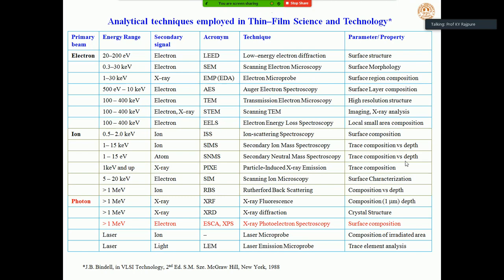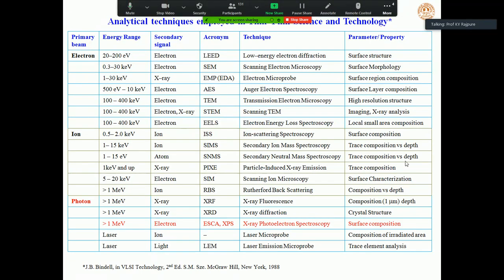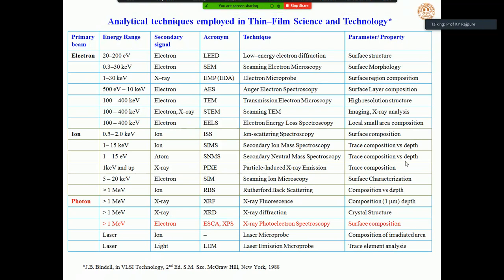So depending on the energy of the electron, ion or photon beam, the interaction with the material of the thin film gives a secondary signal. And that signal can be in terms of electrons, X-rays or photons, ions or some other form of signal. So depending on what we use to illuminate and what we get as a secondary signal, the techniques are divided.